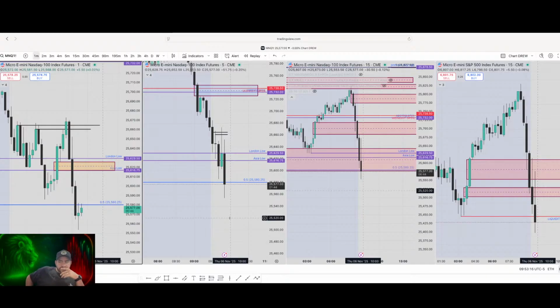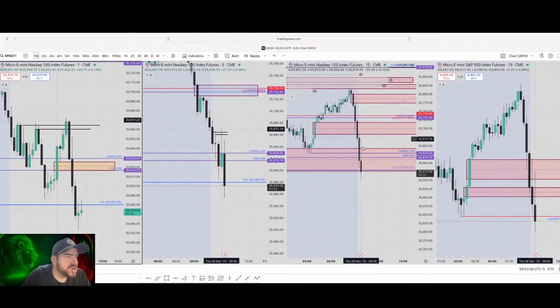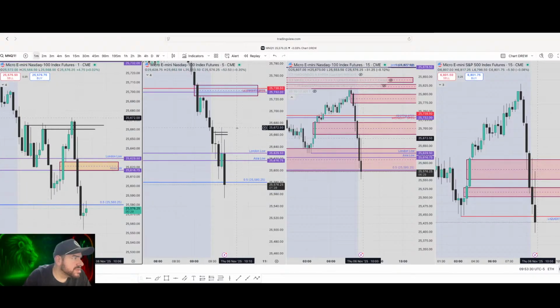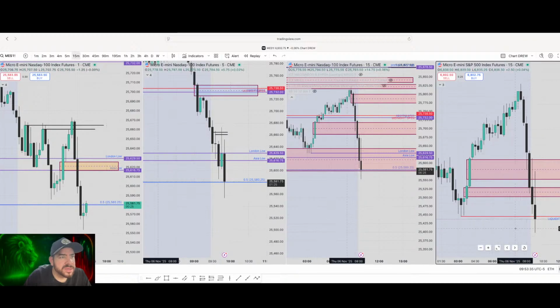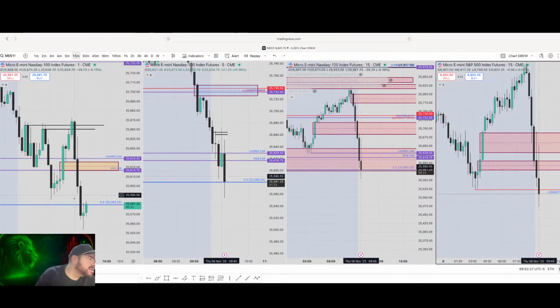Okay, let's see what happens. We're chilling. I'll sit here all day and not take a trade if it doesn't show up nice. If it just keeps dropping like this, I'm not getting anything. I need to see retracement into something, into a PD array, and then I'll do that.